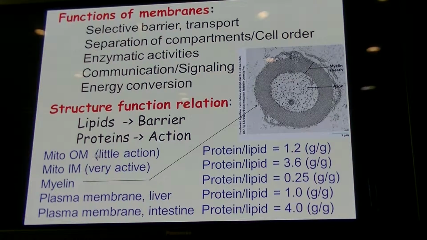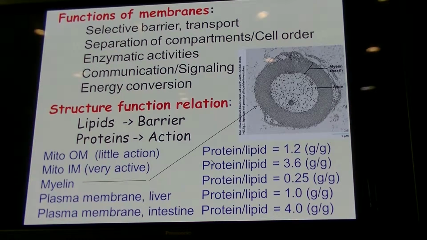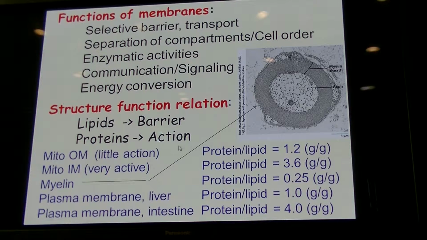If we go to the outer membrane of the mitochondrion, just for comparison, which is more of an isolating function and has some transport functions, but certainly isn't as active as the inner membrane, we see that the protein-lipid ratio is less than 2-fold that of the inner membrane.